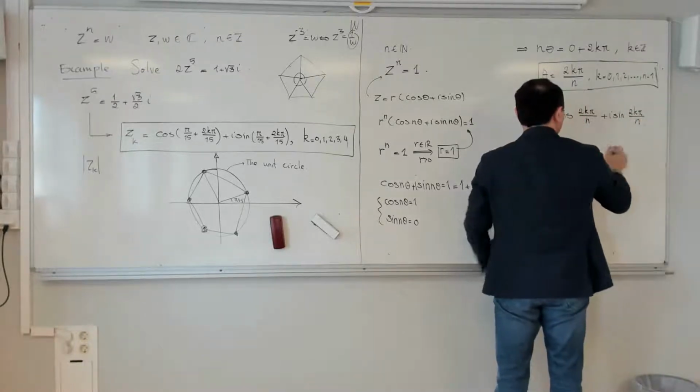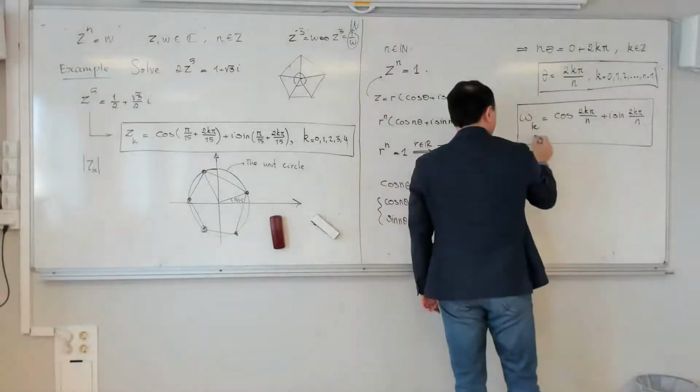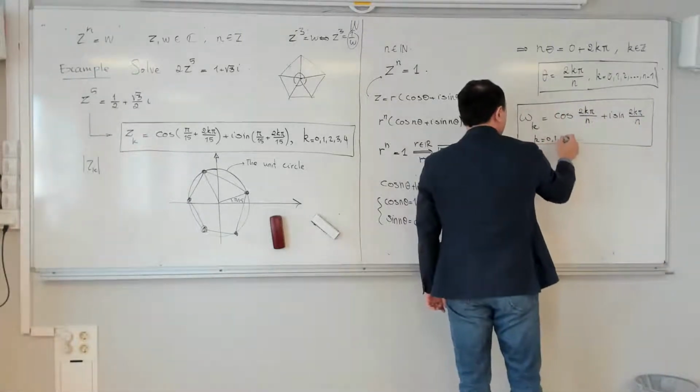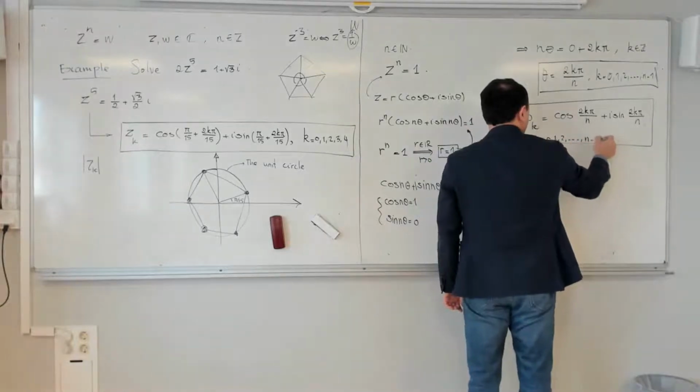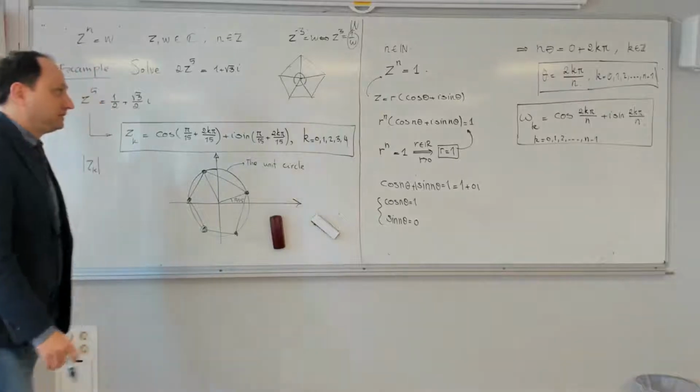This is just for simplicity. So these are the roots that you are looking for, and k is 0, 1, 2, up to n minus 1.